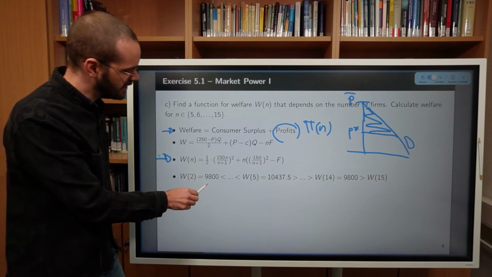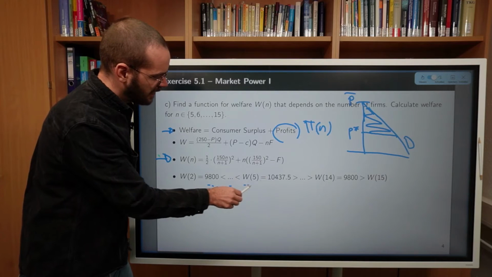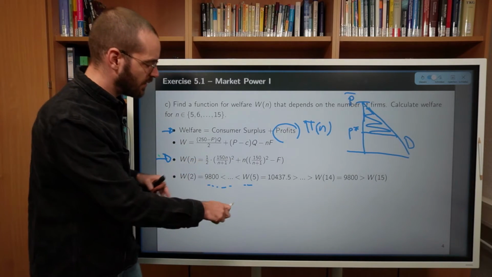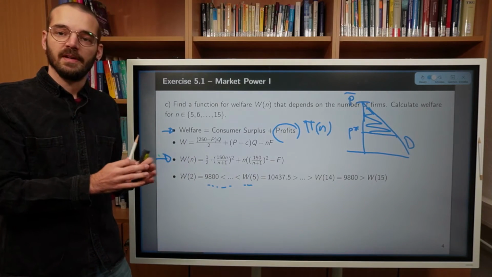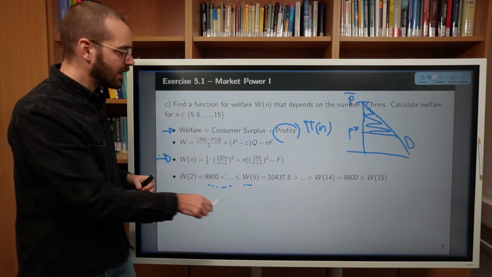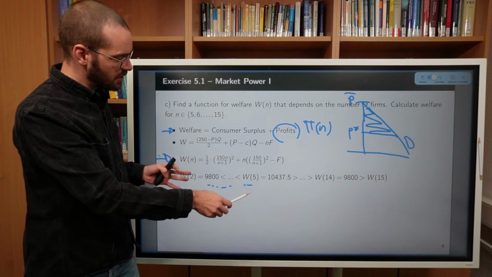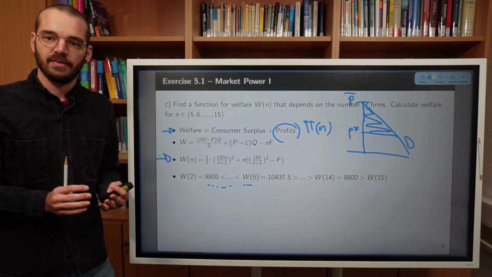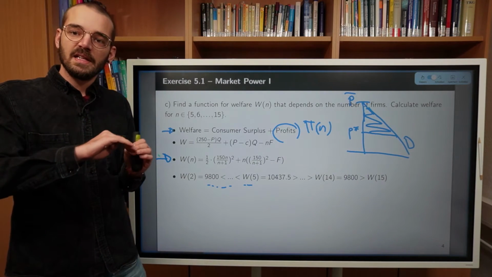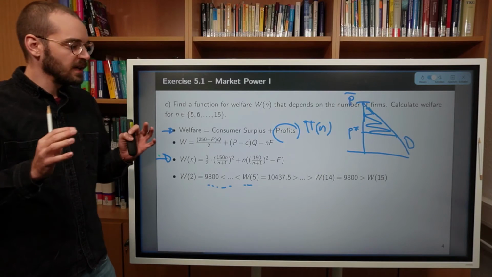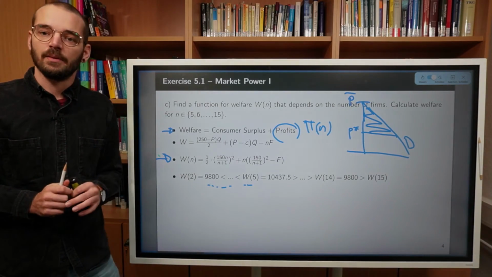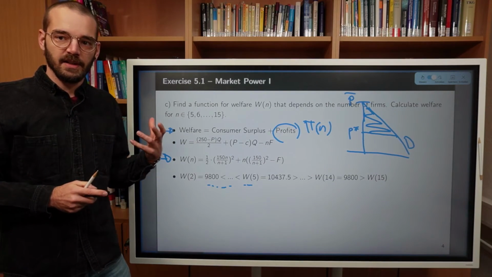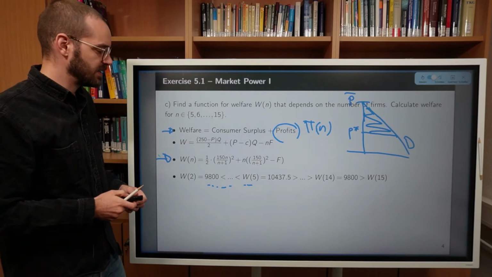But looking at these results, the important part is that we can realize that welfare, as a function of the number of firms, actually appears to increase until we reach a number of five firms, and after that decreases again, which is a very interesting behavior, which we will have a closer look into in the next task of the exercise.